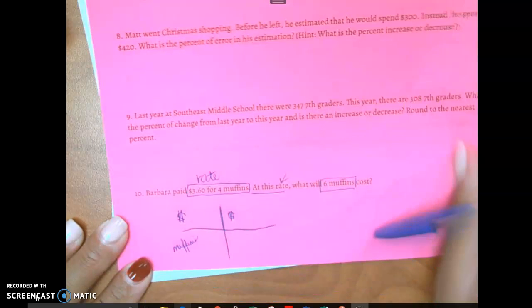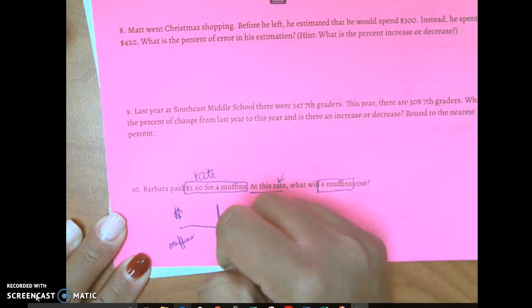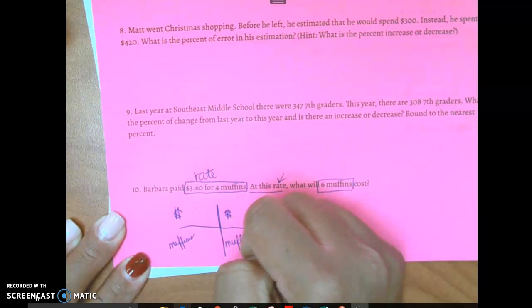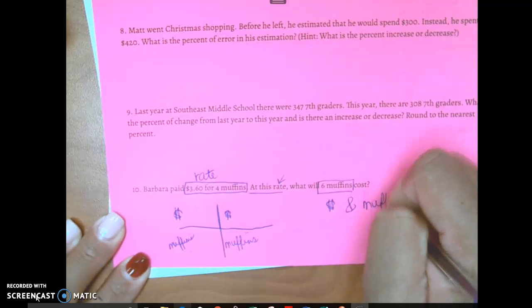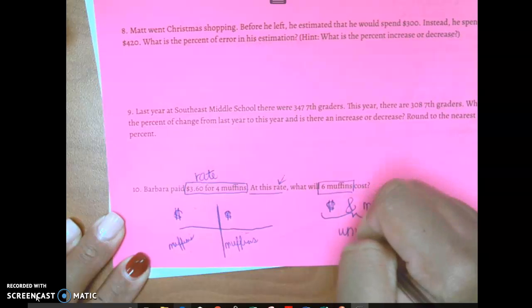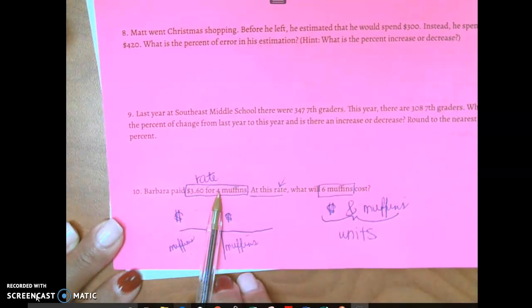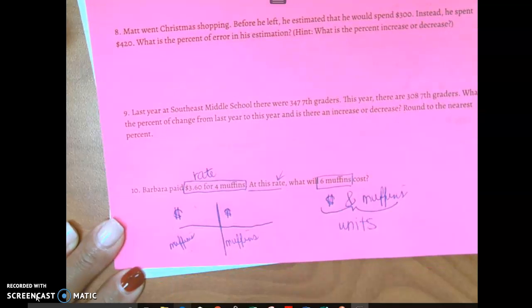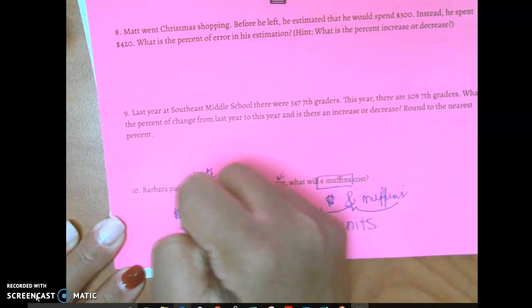All right, so I've got dollars and muffins. These are my units. Okay, stay focused. So, how many dollars and how many muffins go in one ratio? $3.60.